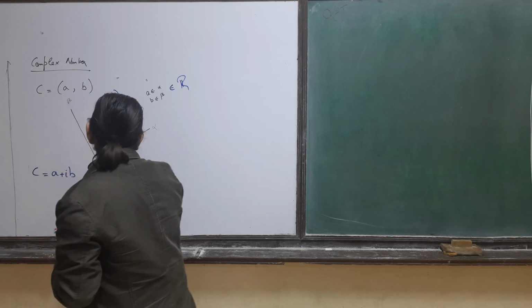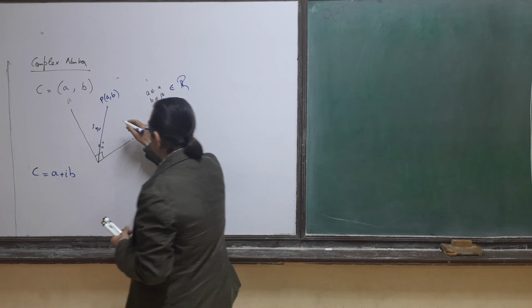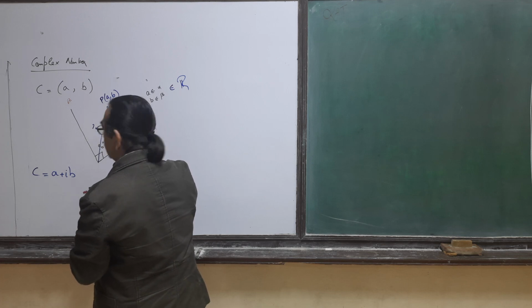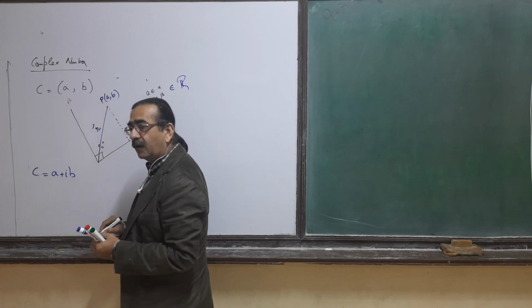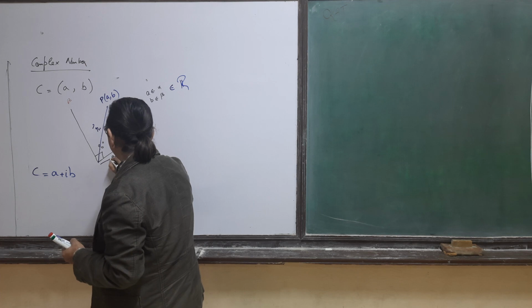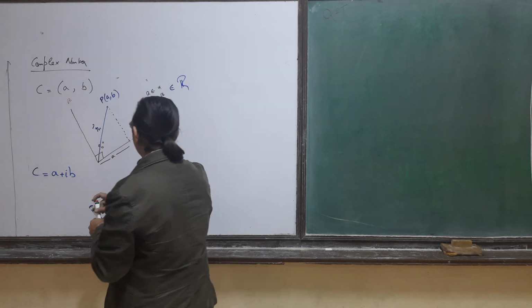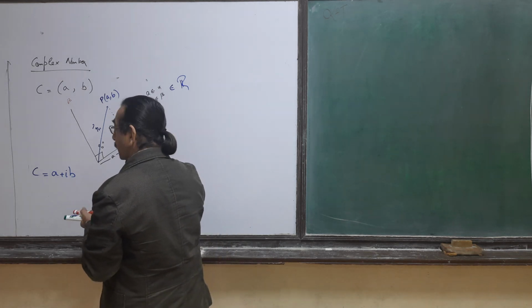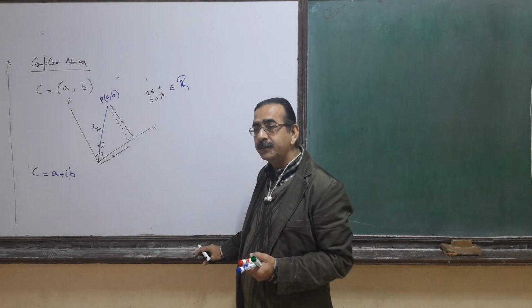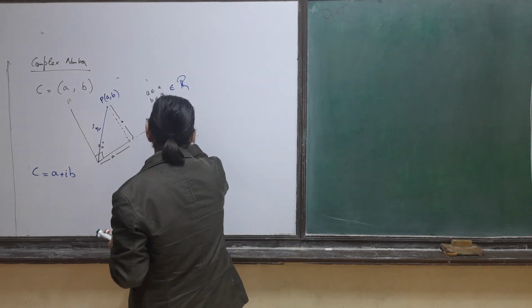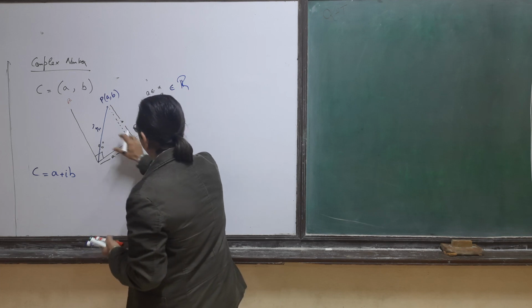This complex number we may write in the polar form. If I draw the orthogonal, then this will be A and this will be B. What will be A?